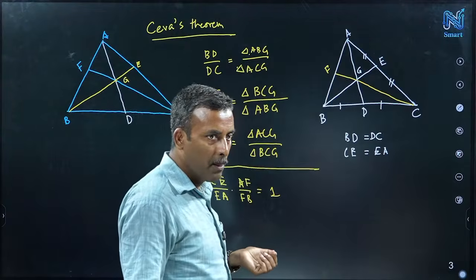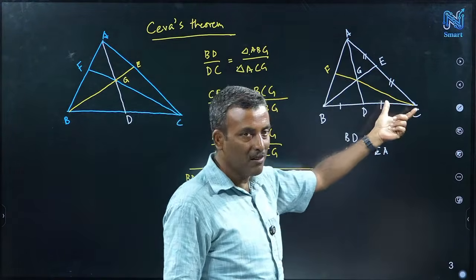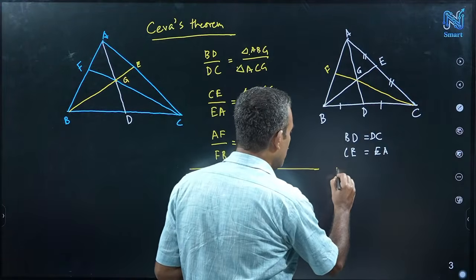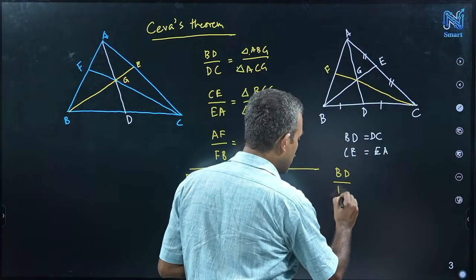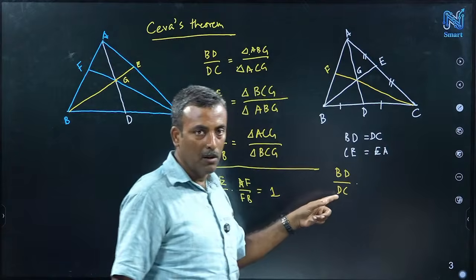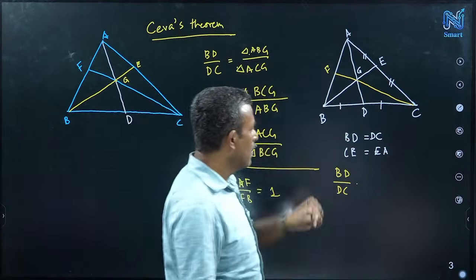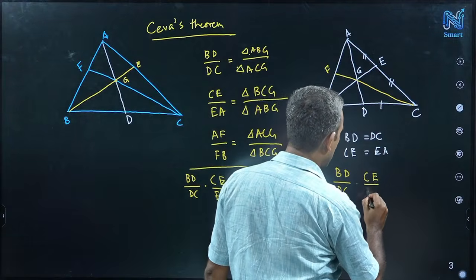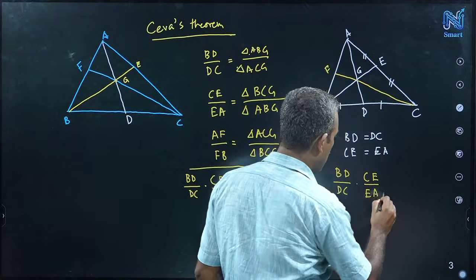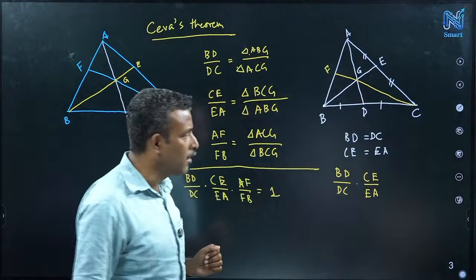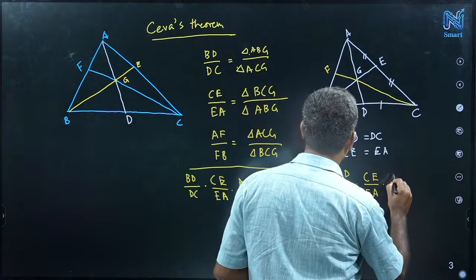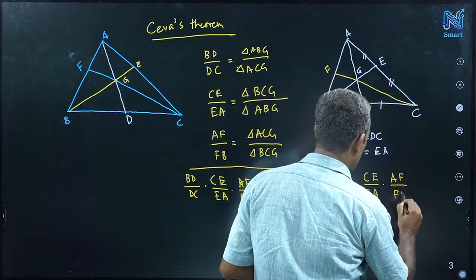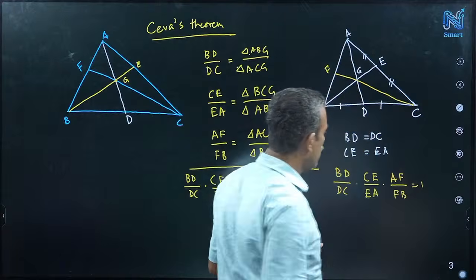So since they are concurrent, we know the product of the ratios is 1. BD by DC is 1 because D is the midpoint, into CE by EA, this is also 1 because E is the midpoint, multiplied by AF by FB is 1. Why is it 1? Because they are concurrent.